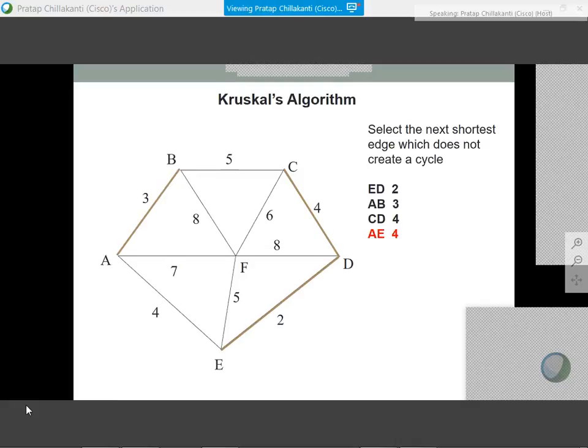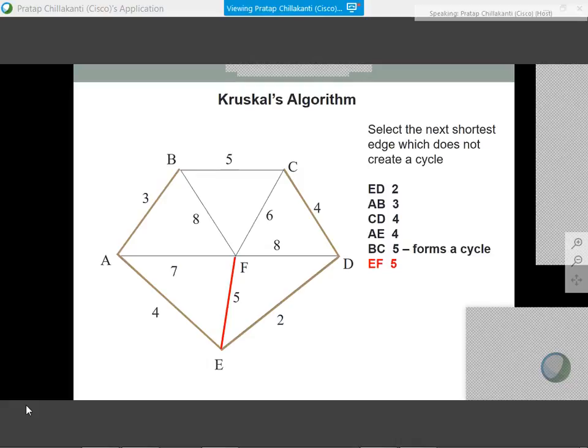Then AE. So when you do AE, still no cycle. If you select BC, 5, it forms a cycle, right? So you select EF. So where is EF? That is EF. Did we get all the nodes yet? Not yet. Did we get all the nodes? I think we did, right?